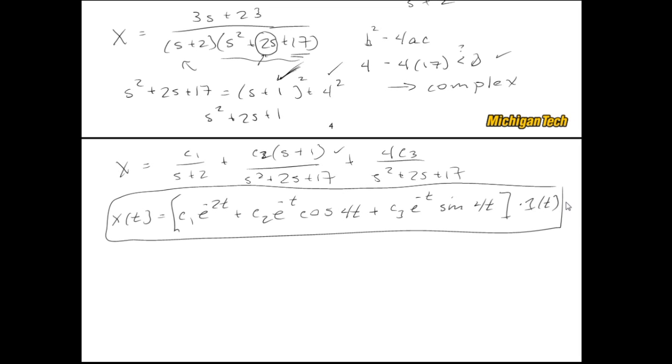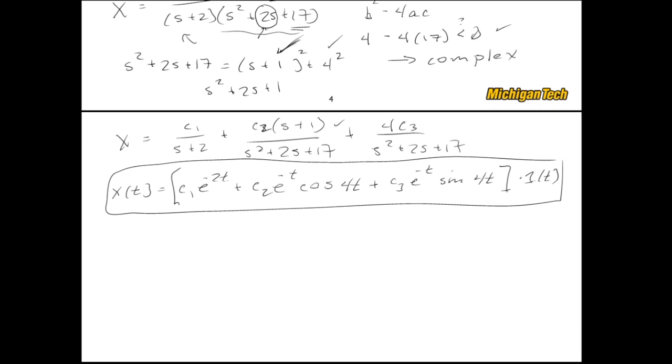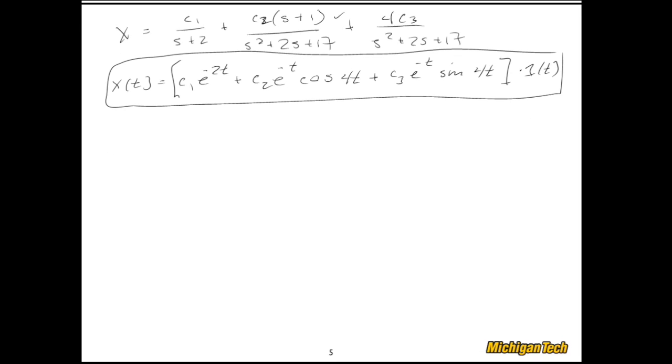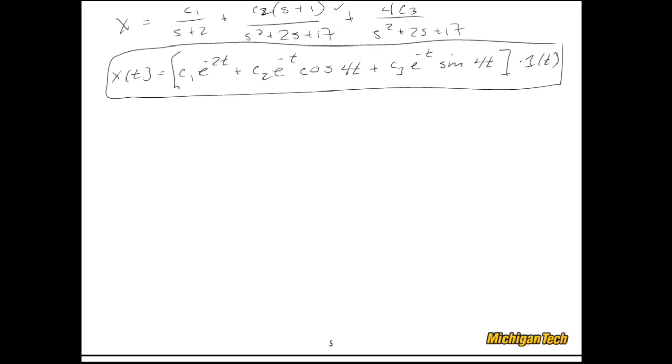So let's go through that process. Let me go up just a little bit more. How's that? So C1 is equal to X of s times (s plus 2), I should put a little dot there, at s equal negative 2. So we'll have 3s plus 23, that's our original numerator.